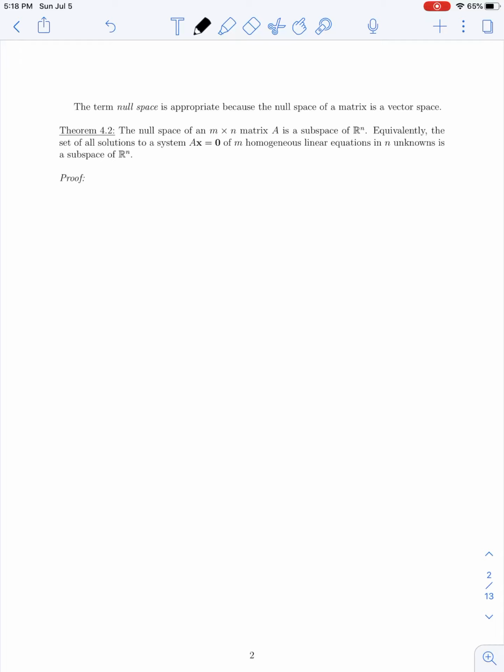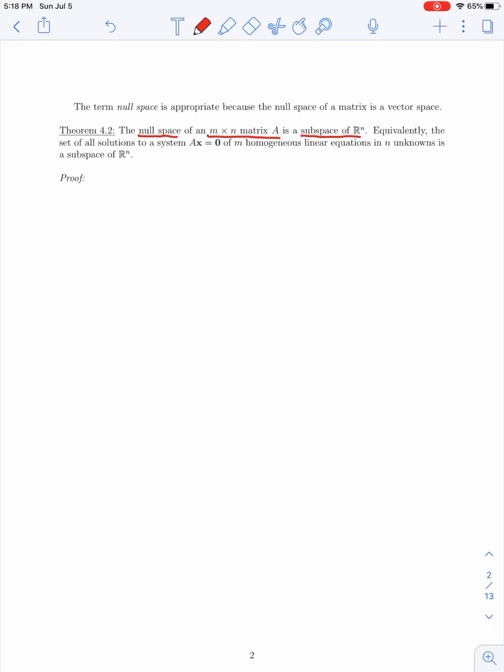Now, the term that we've been using in our definition, null space, is appropriate because the null space is a vector space. That's established by the following theorem, theorem 4.2 from your textbook, which says that the null space of an M by N matrix A is a subspace of Rn.